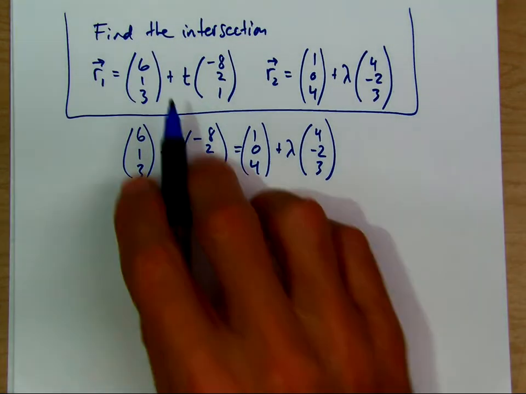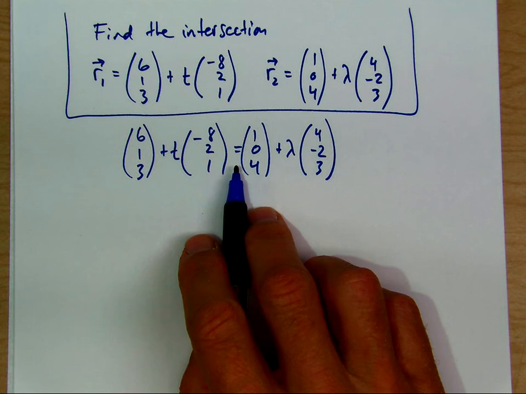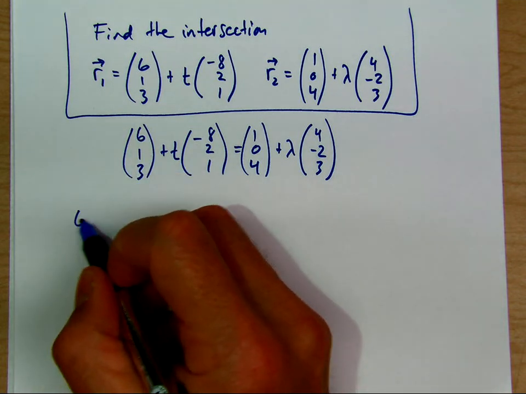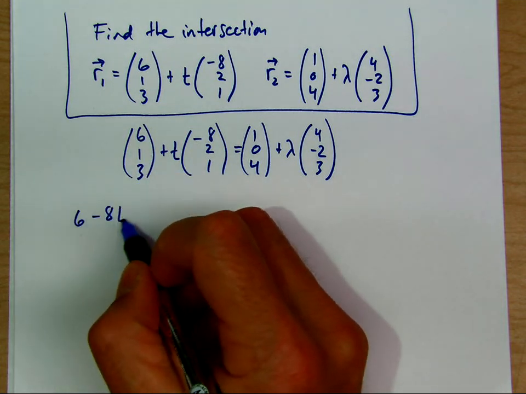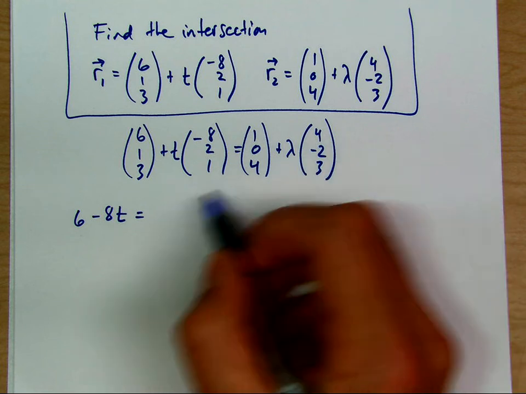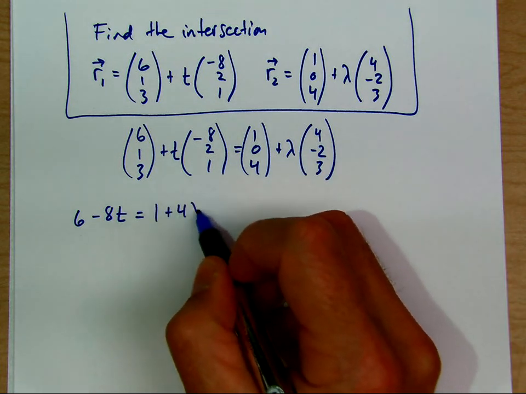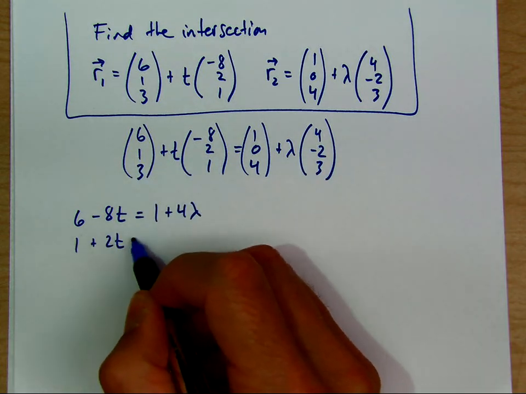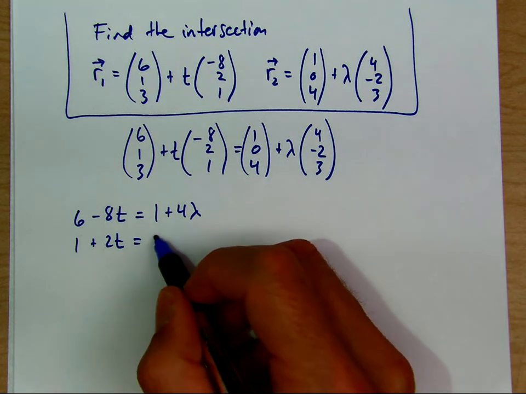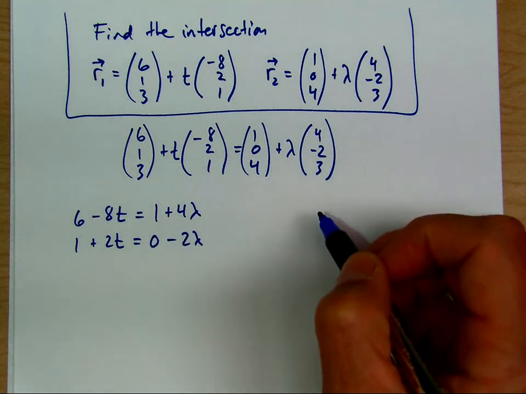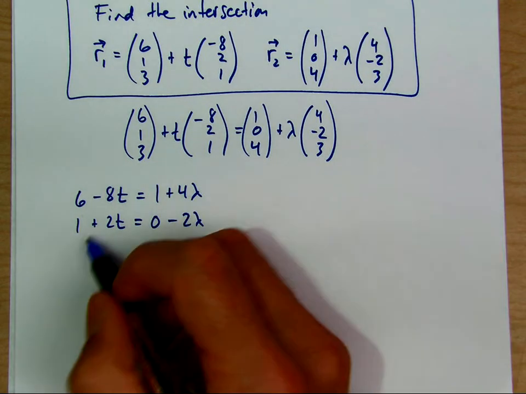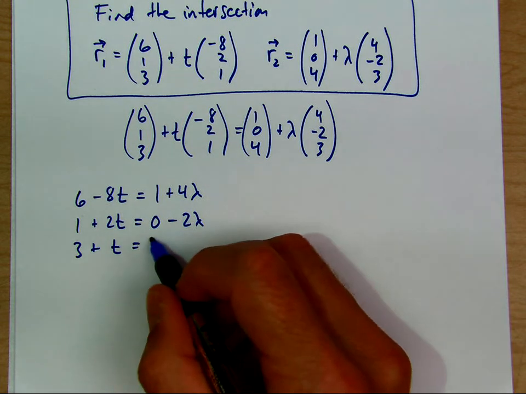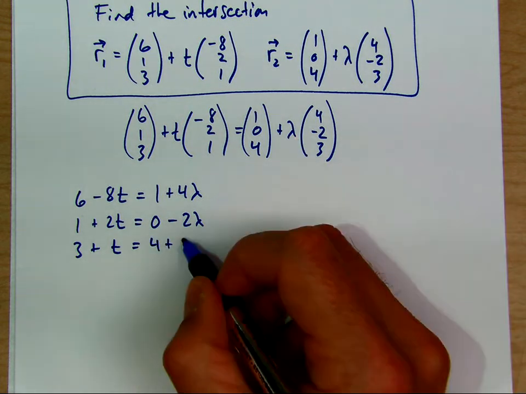So we set them equal, and let's make a system of equations with 6 - 8t, and then 1 + 4 lambda, 1 + 2t, 0 - 2 lambda, 3 + t, 4 + 3 lambda.